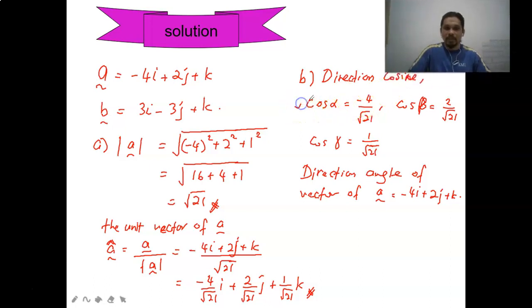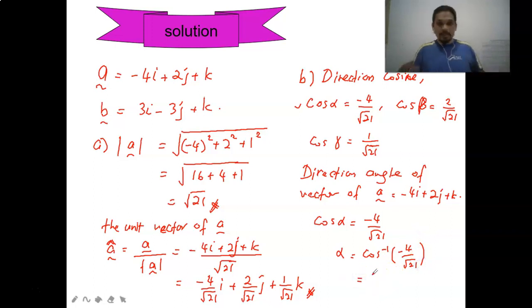Look at the first one here now. From cos alpha equals negative 4 divided by square root of 21, alpha equals arc cos of negative 4 divided by square root of 21. Using the calculator, press shift and cos, and it gives you arc cos.